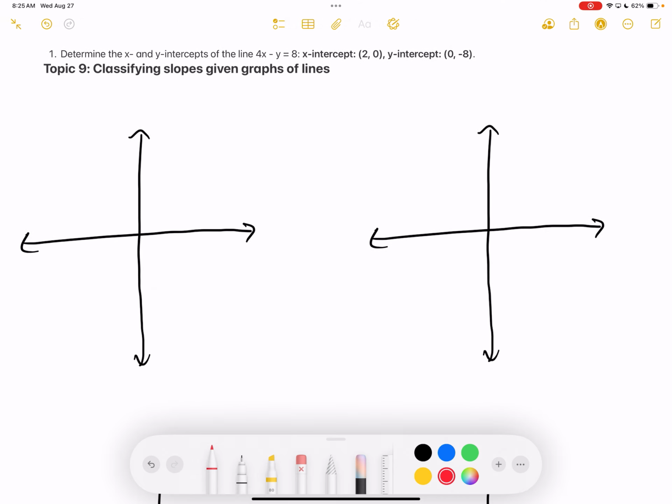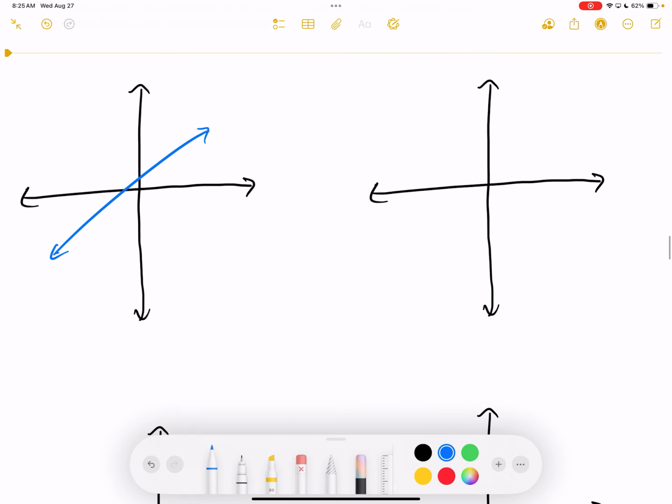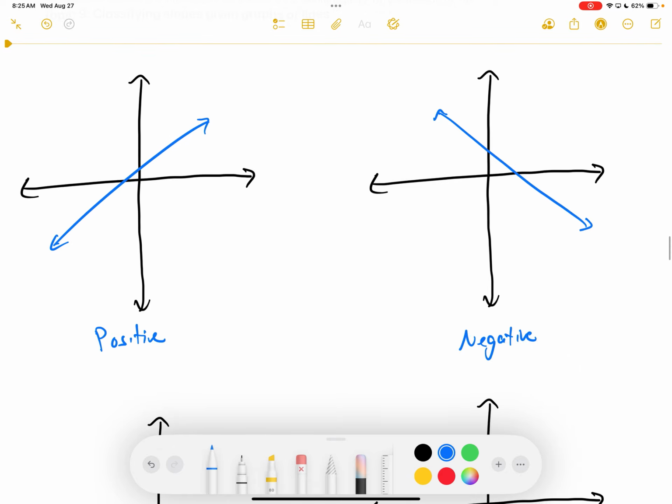All right, the 4 different kinds of slope you have. I think we've seen all of them already, but this one problem's on it. You have positive. You always look at this from left to right. You have negative, so it falls from left to right. Later on in the class, you have to read things from left to right, like what's happening on the left, what's happening on the right. It's falling as it goes to the left, it's rising as it goes to the right.